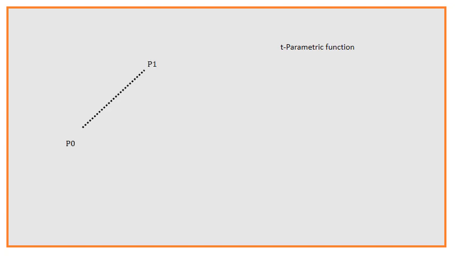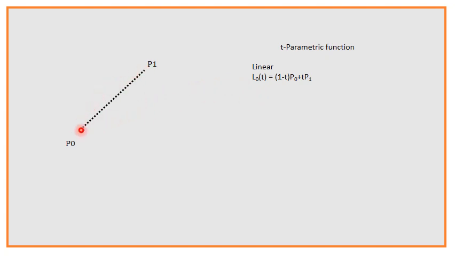So consider this line. It has two control points P0 and P1, which form a linear straight line. So the equation will be L0 of t, where this line is considered as L0, and the parameter we use is t. T is the variable, and t ranges from 0 to 1.